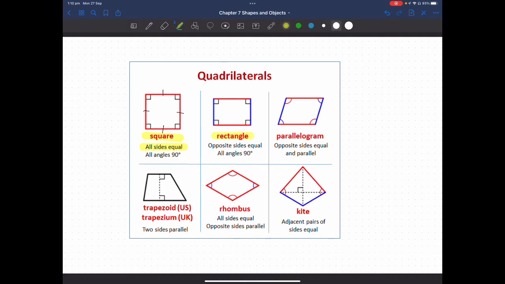The rectangle has opposite sides being equal. So the two red sides I've marked with a single line through them. That indicates they are the same length. Those two sides are opposite each other.